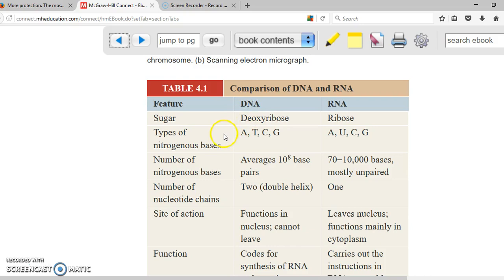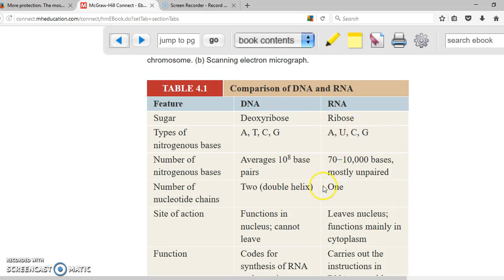Another difference is the bases. We said always A with T and C with G in the case of DNA. In the case of RNA, it's always A with U and C with G. So in RNA you never have T; you always have U instead of T.